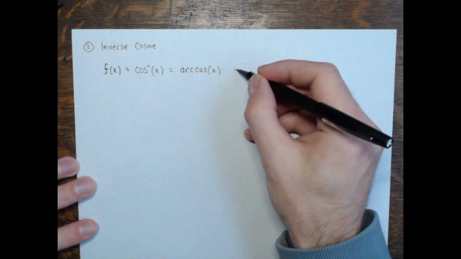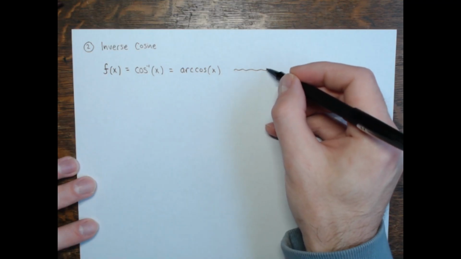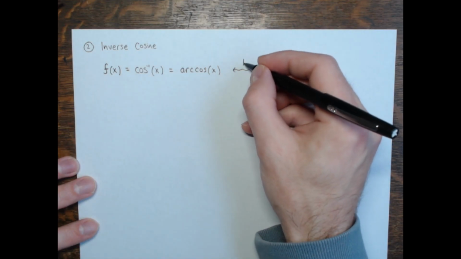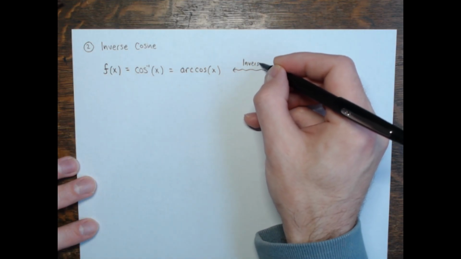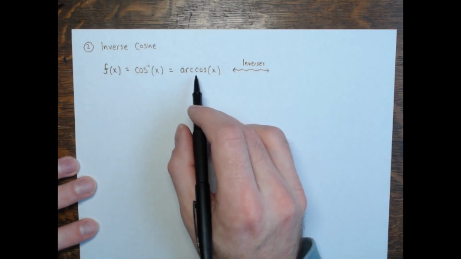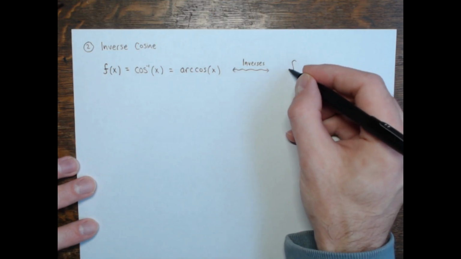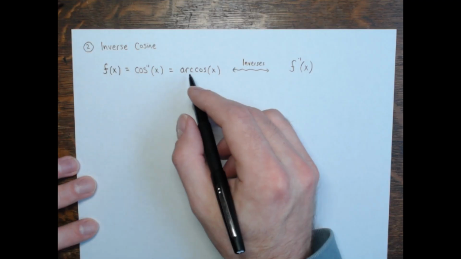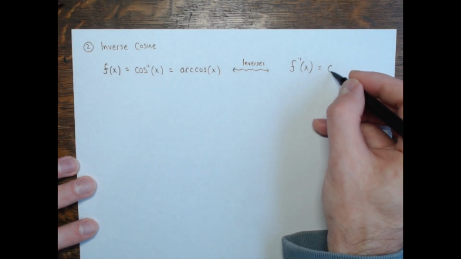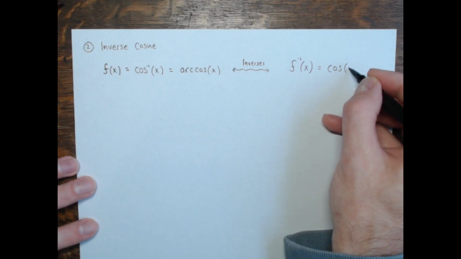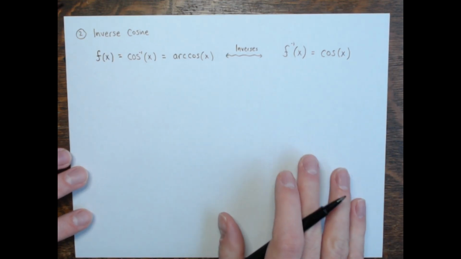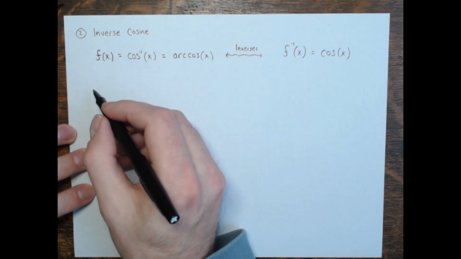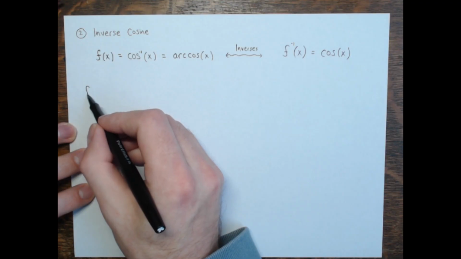All right, so same deal as with the inverse sine, right? If my original function is called inverse cosine, the inverse of that would just be plain old cosine, right? So f inverse, if that was called f, would just be regular cosine of x. And then applying that same rule once more, right, so I'll write it again.